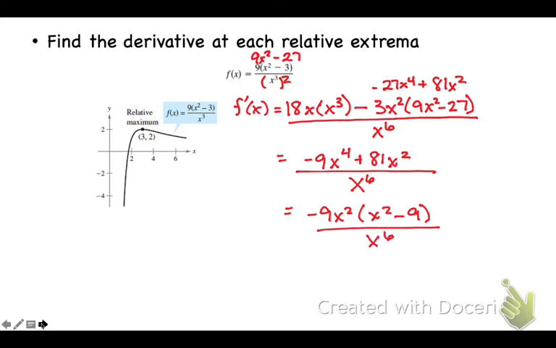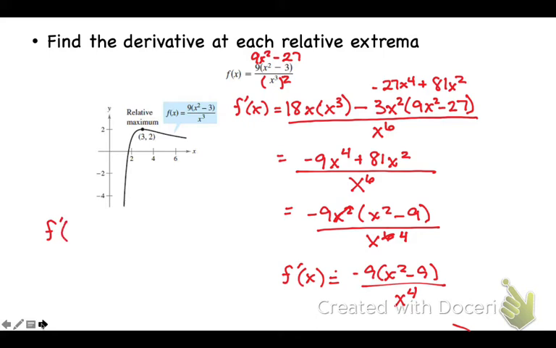Now can I reduce more? Can I reduce this x squared and 2 of these down here? Yep. So I have the derivative of f is negative 9 times x squared minus 9 over x to the 4th. And now we need to find f prime of what?